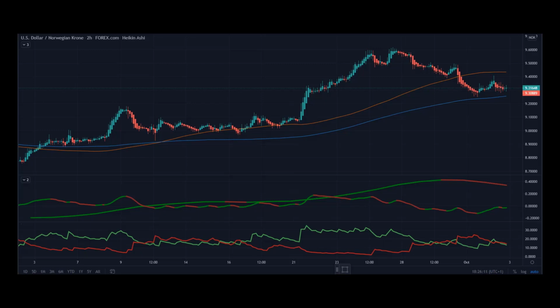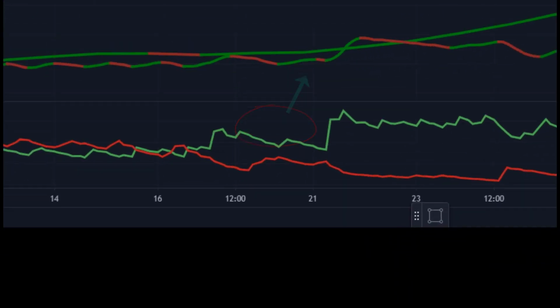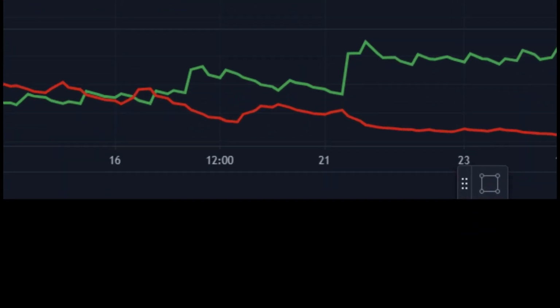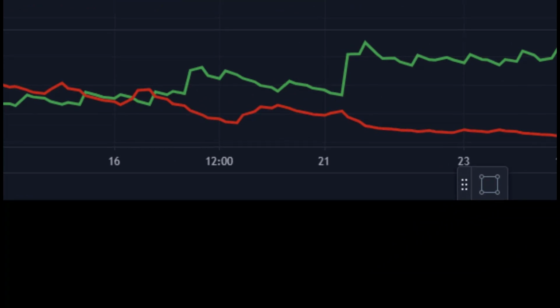So here I'm looking for those dojis to be bouncing off those moving averages. The price has pulled back a bit like it did with the pivots, and then I want to see that bounce on away. But I'm also tying it in with the DMI at the bottom. That's my trend filter. Green above the red is bullish, and vice versa.